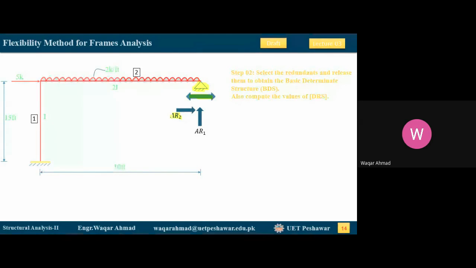It means that the DRS2 value will also be 0. If there was a translation towards the right, the value would have been positive, as it would have pointed in the same direction as AR2. Or if it was leftward, then the sign would have been negative.